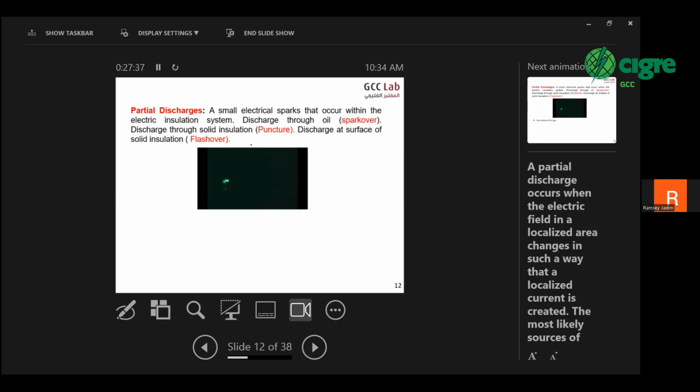Partial discharge is a small electrical spark that occurs within the electrical insulation system. Sometimes it's called spark over. If it comes through the oil or the insulation paper, it's called puncture. If it is on the surface of the solid insulation, it's called flash over. These are just some names you may have heard.